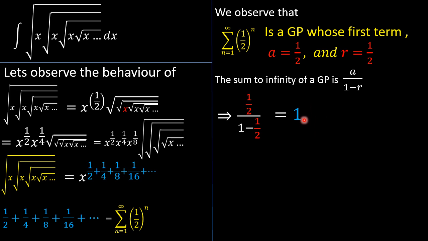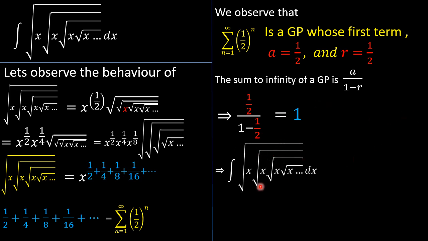So the sum of 1/2 plus 1/4 plus 1/8 and so on and so forth gives us 1 only.